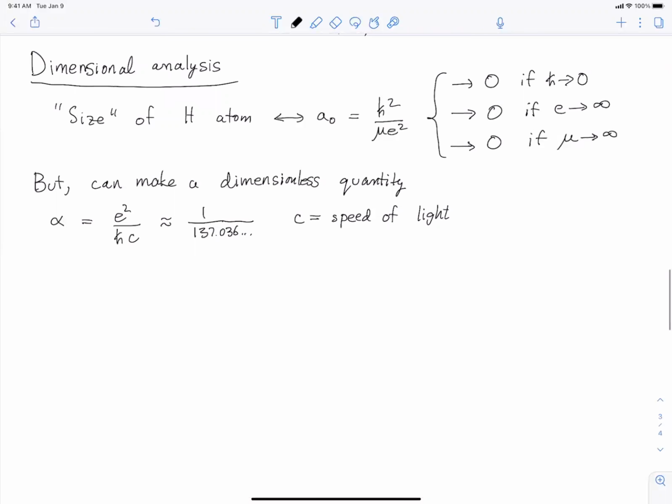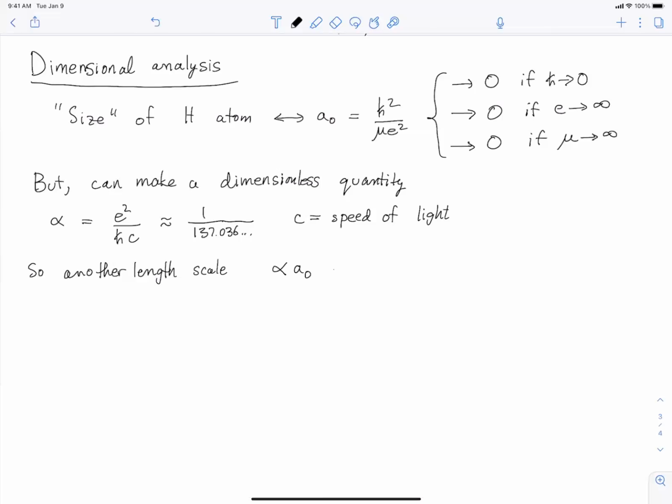So we could multiply A0 by any power of alpha, and that would also be something with units of distance. For example, another length scale that you could make would just be this alpha, also known as the fine structure constant, times the Bohr radius.